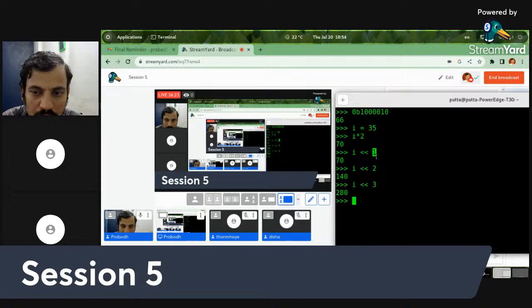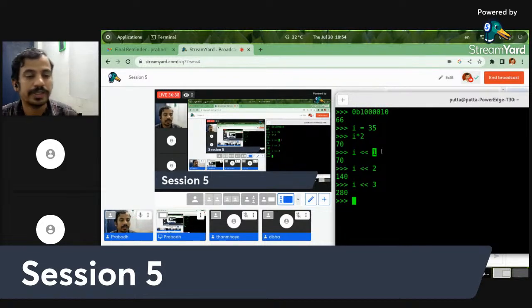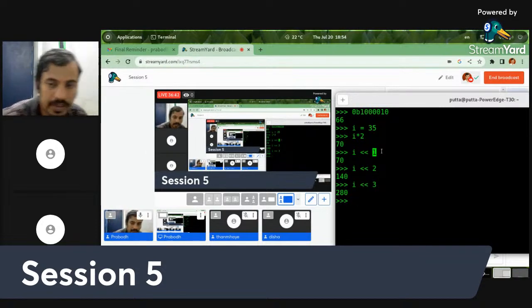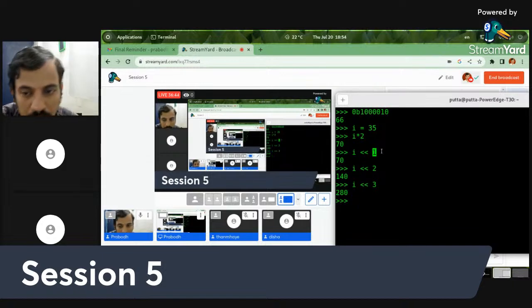1 is 2 power 0, 2 is 2 power 1. When I left shift by 1, it is equal to 2 power 1. Whatever left shift operation you do, just calculate the power of 2. 2 power 1 is 2, so it is multiplication by 2.